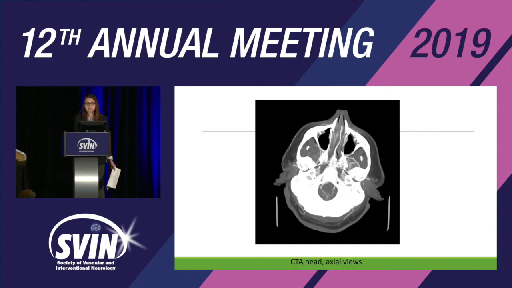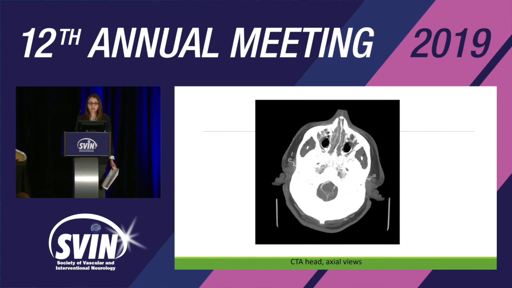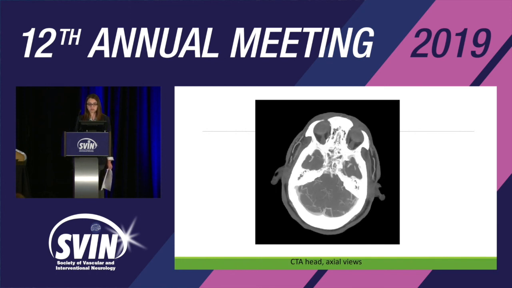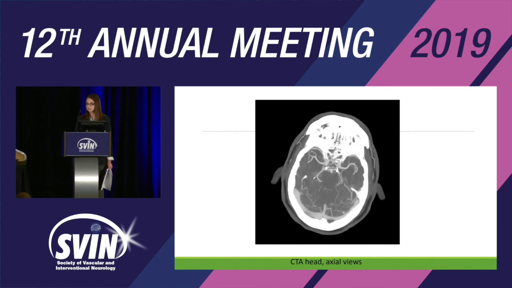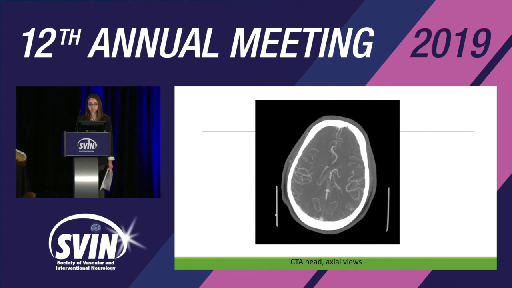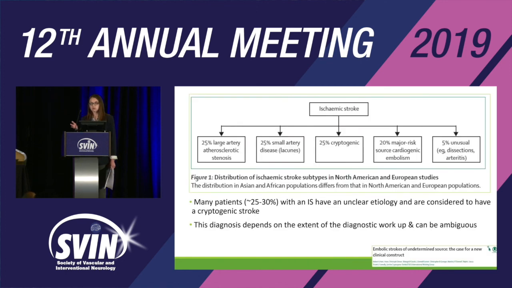And in the head, again, CTA of the head did not show any significant stenosis or atherosclerosis for that matter. I'll scroll through here so you all can see. So essentially normal. And we'll jump back to this patient later on.